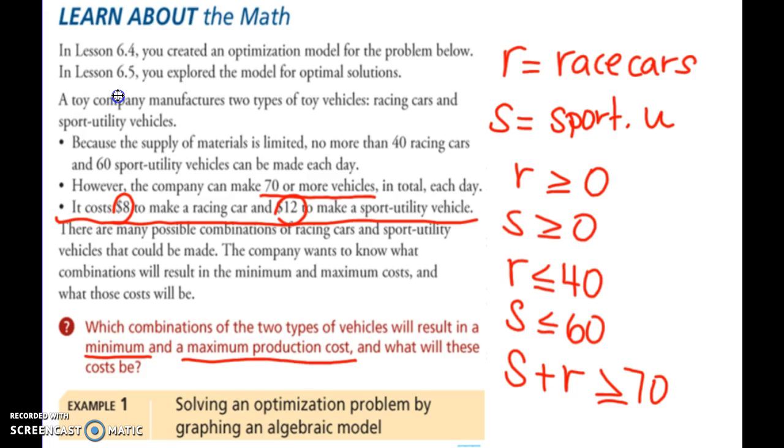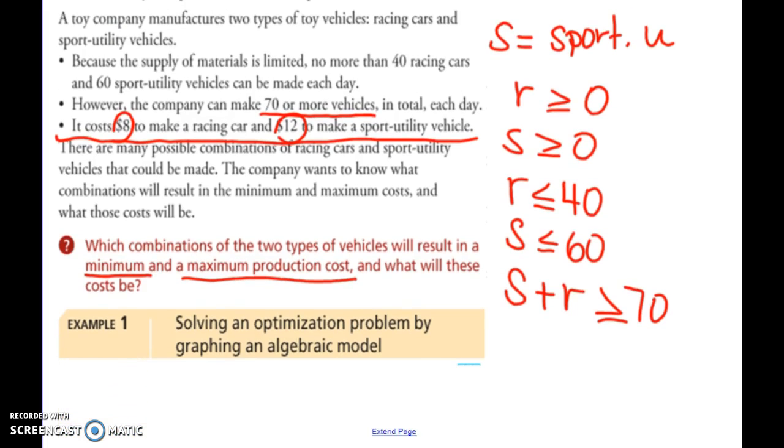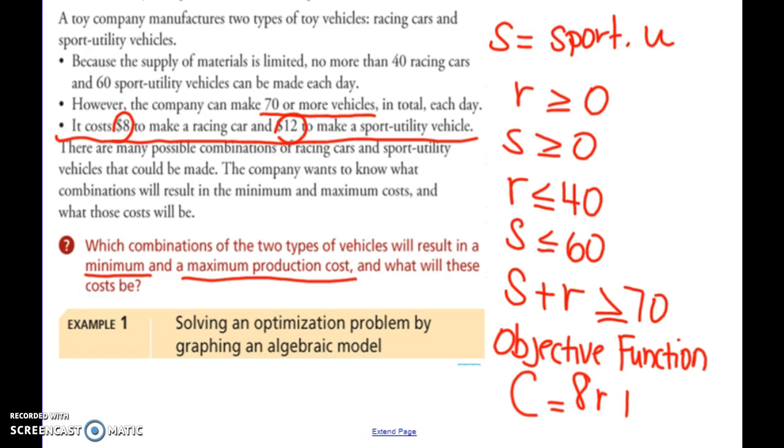So our objective function is going to be $8. So the cost is $8 to make a race car, and so adding $12 to make a sport utility vehicle.